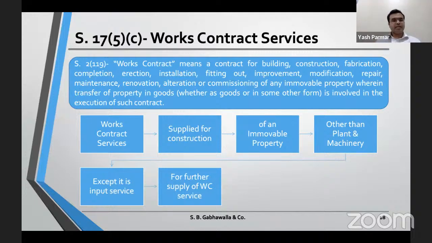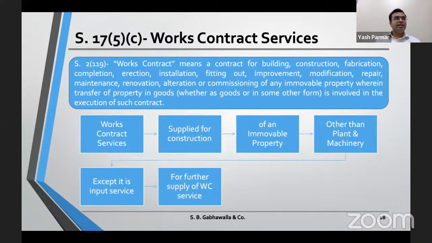So plant and machinery is an exception. Any works contract service which is supplied for construction of an immovable property is a block credit, and there are two exceptions to it. First, if it is in relation to plant and machinery, it is not a block credit.